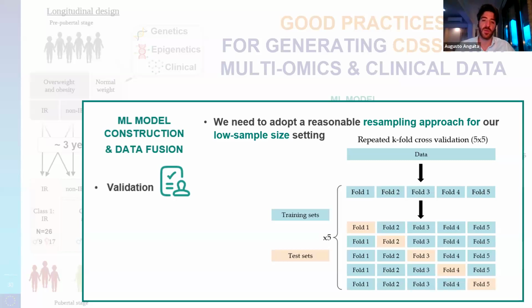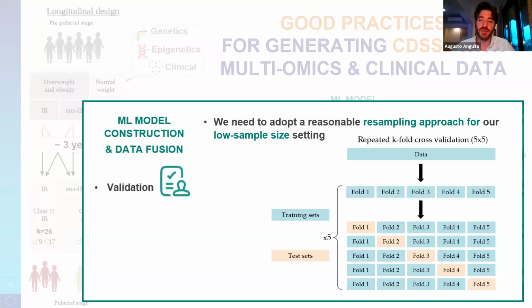Instead of the classical training and test splitting, we need to go for k-fold cross-validation strategies. This is basically splitting our population into 5 or 10 folds if the numbers allow us to do it, and then repeating the training and test procedure as many times as we need.